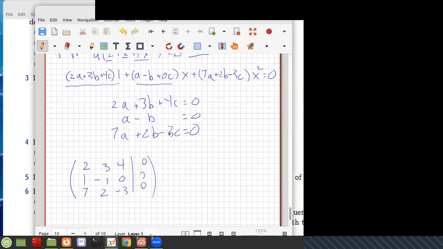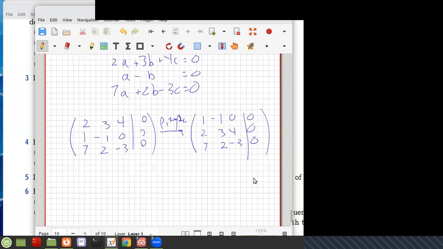And maybe the best thing is to swap row 1 and row 2, which I could have done by setting it up properly at the beginning. Minus 1, 0, 0, 2, 3, 4, 0, and 7, 2, minus 3, 0. I think that is okay.